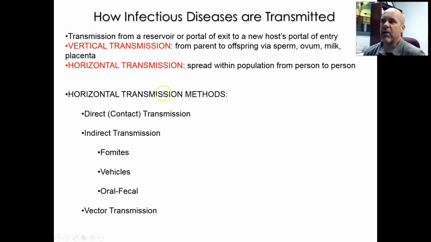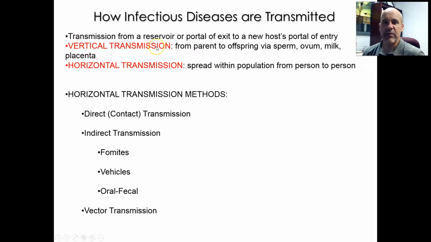All right, so how are the communicable and contagious infectious diseases transmitted? Transmission can be divided up into vertical and horizontal transmission. So we heard those terms before for genetics, vertical and horizontal transfer of genetic information, and it's basically the same concept.